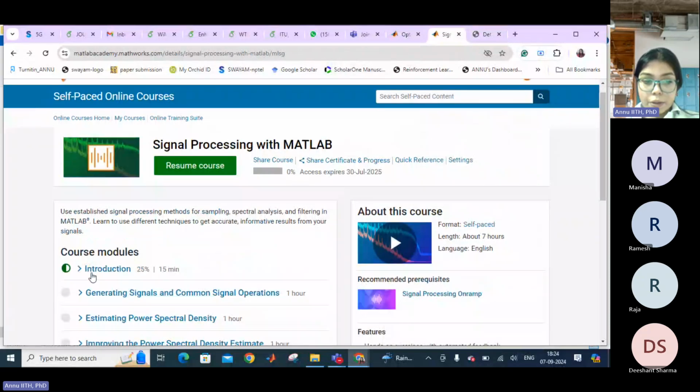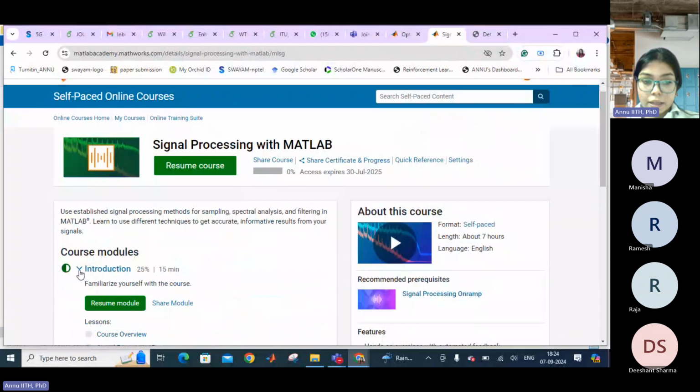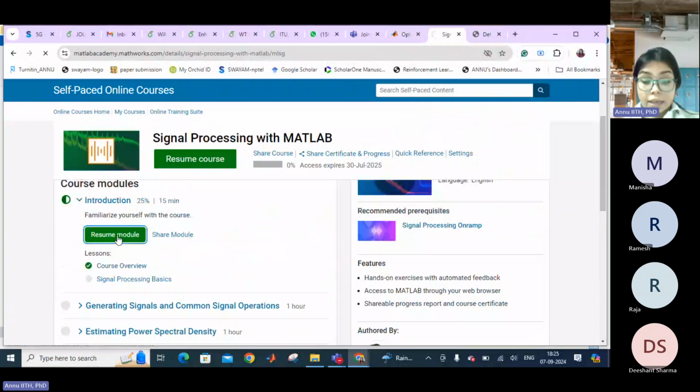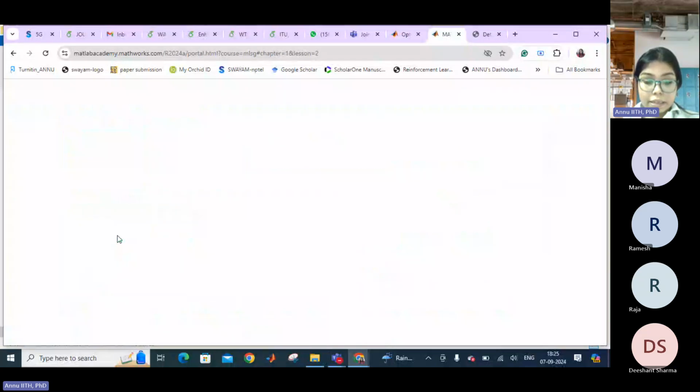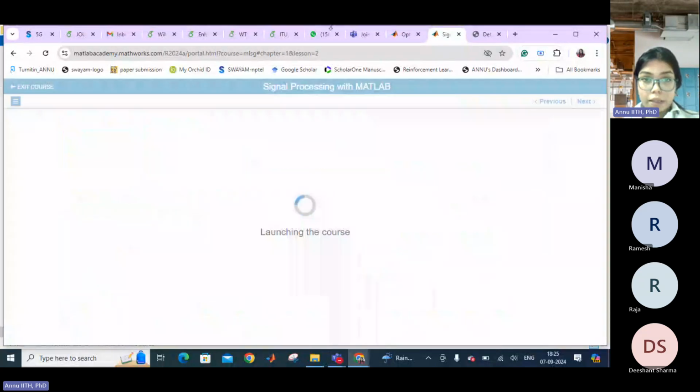So today I'm going to have some demonstrations using MATLAB and also some signal processing basics, because in this week 7 lecture, sir covered the analog to digital conversion. So I think that is very important for our understanding.